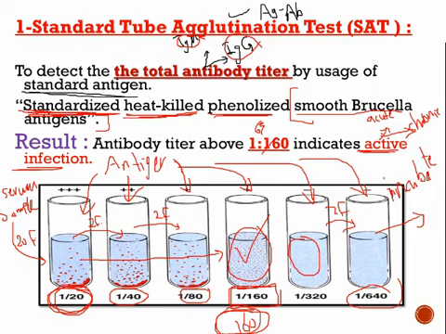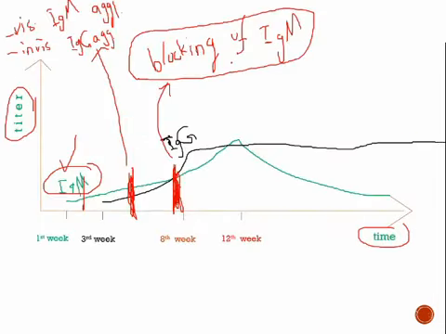So there is a medical history, and the patient is showing symptoms. In this case, we need to prove this blocking phenomenon. So how to prove this? We need to make another test.